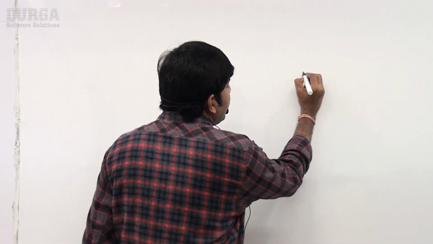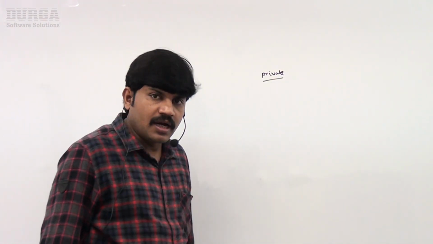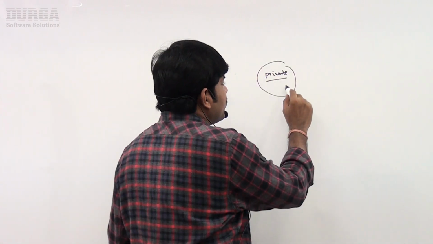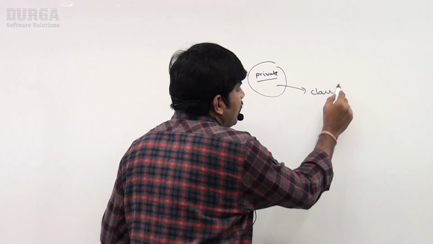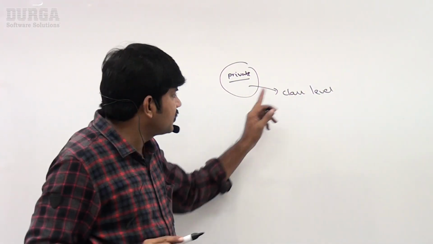If a variable or method is declared as private, the name itself indicates, a private member is accessible only within the same class. So private means class level. You can access it only in the same class.